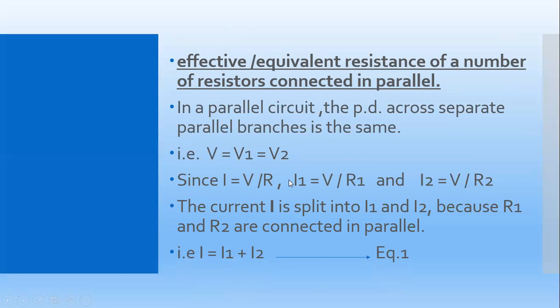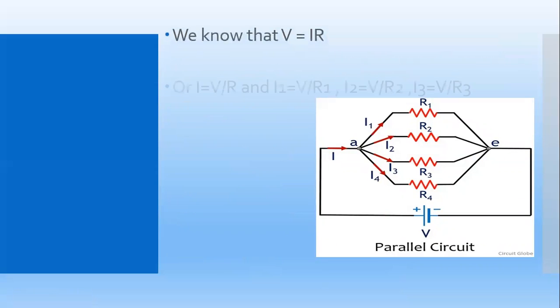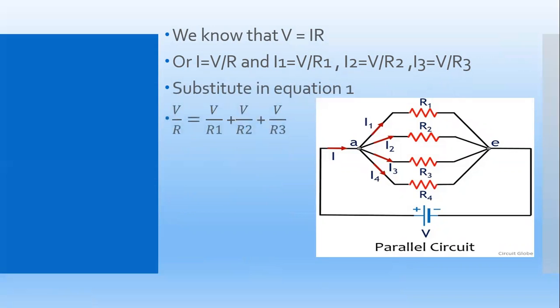Instead of I, we put V upon R. Instead of I1, we put V upon R1. Instead of I2, we put V upon R2. We put these values in equation number 1 like this.